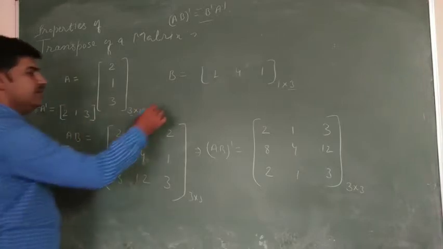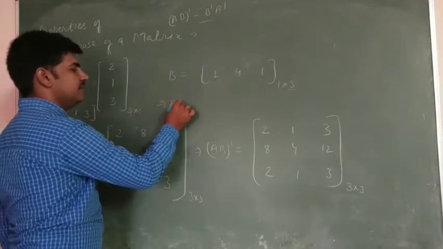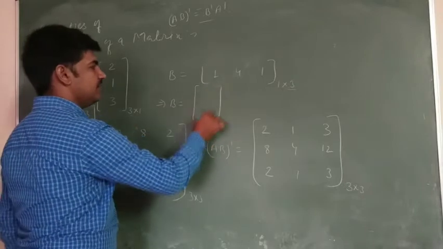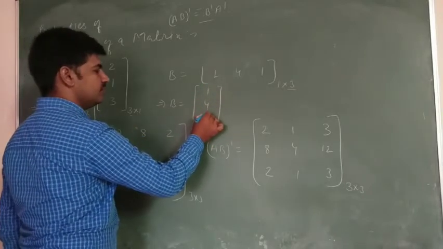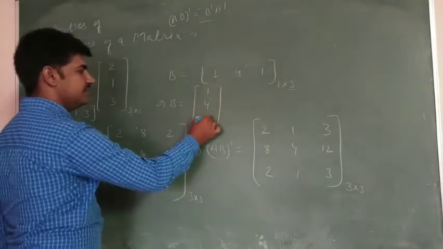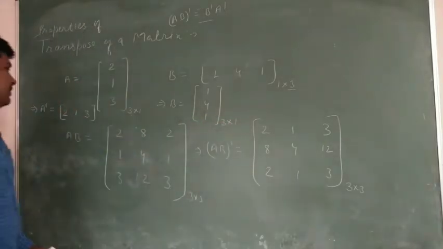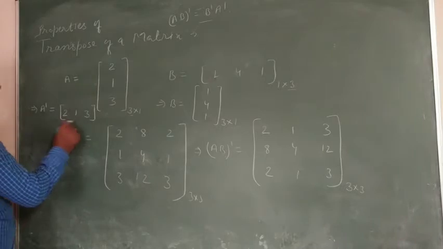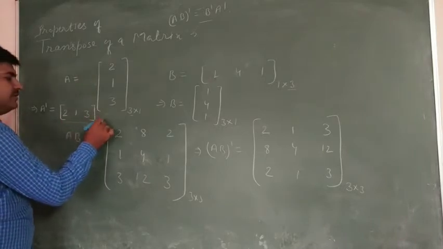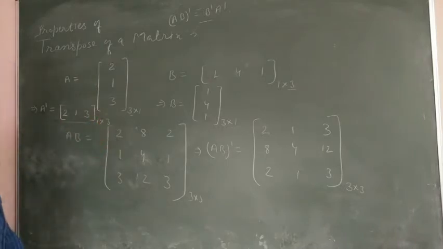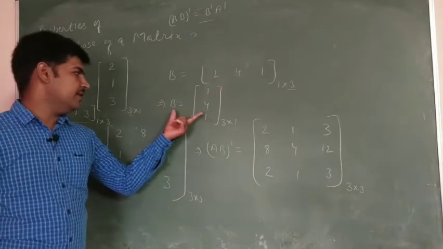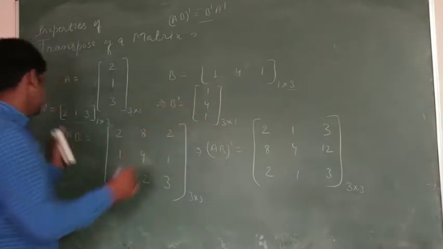B dash will be the column matrix 1 4 1, and its order is 3 by 1. The order of A dash is 1 by 3.